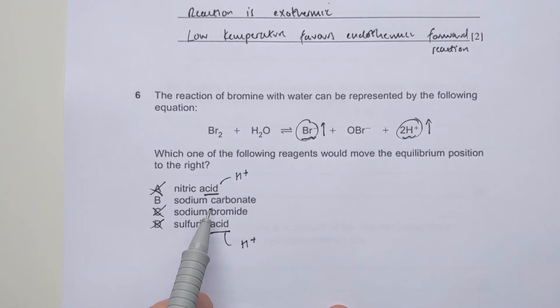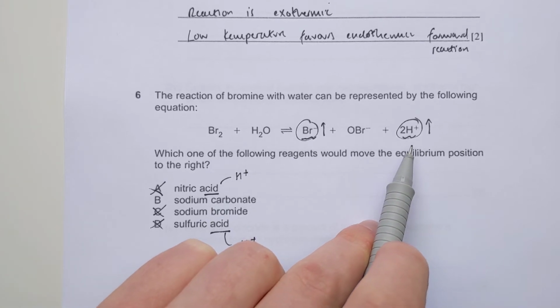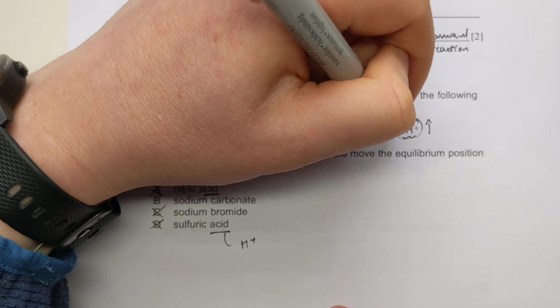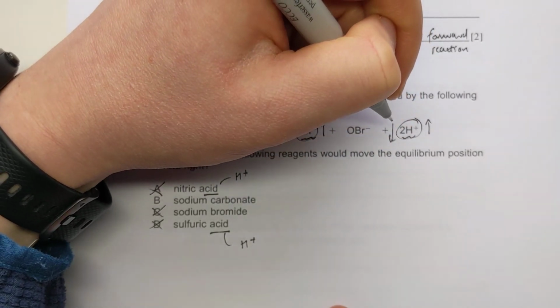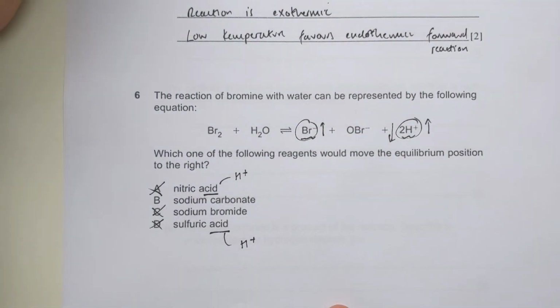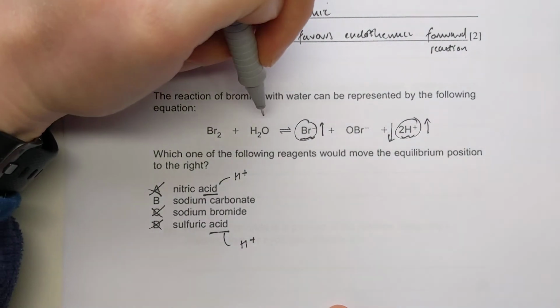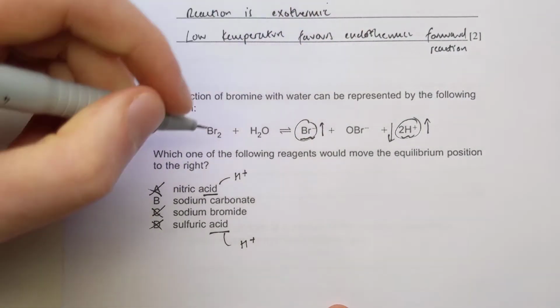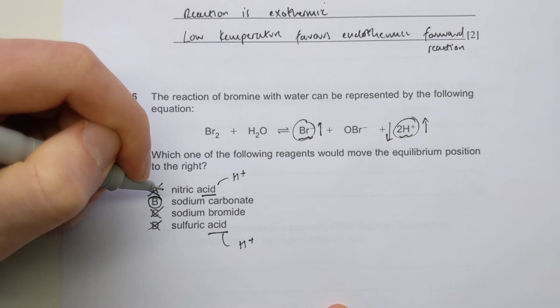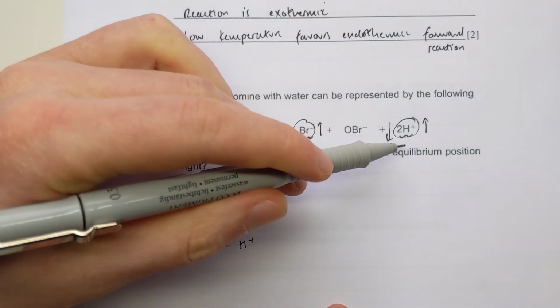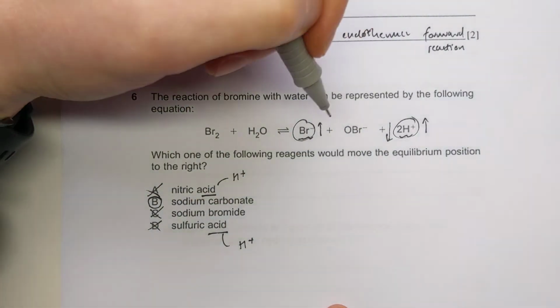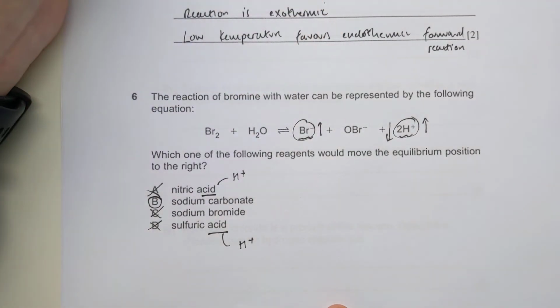So if I add sodium carbonate to this equation, it's actually going to use up the H+, because it neutralizes it. That will decrease the concentration of the H+. If I've decreased the H+, the system wants to make more H+, by moving the equilibrium to the right-hand side. So that is the actual answer there. It's because your sodium carbonate uses up H+ by neutralization that the equilibrium moves to the right-hand side to replenish that H+.